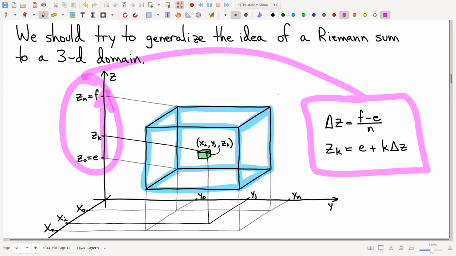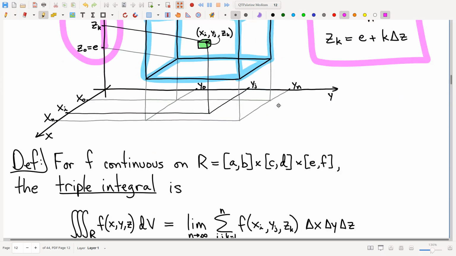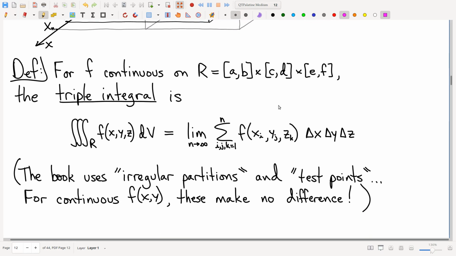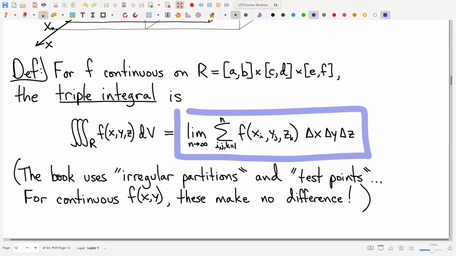So this is really very, very similar. And as such, we write down this expression here. This is our 3-index Riemann sum.